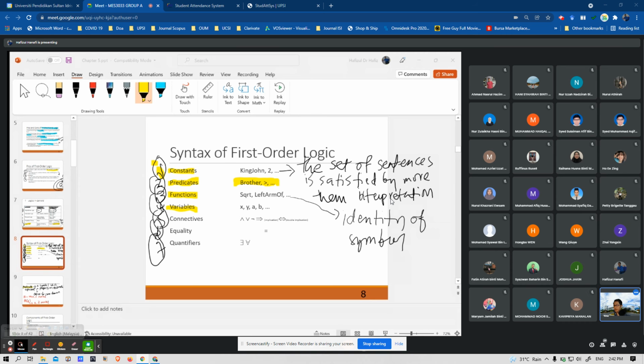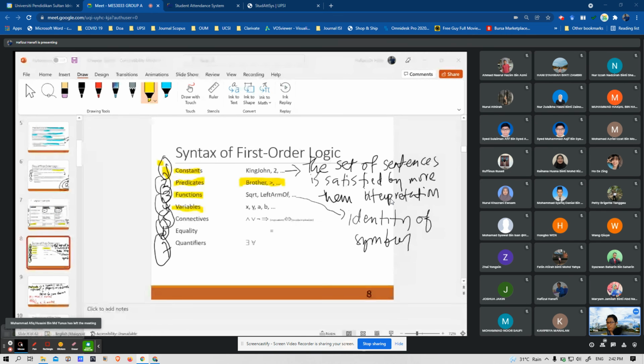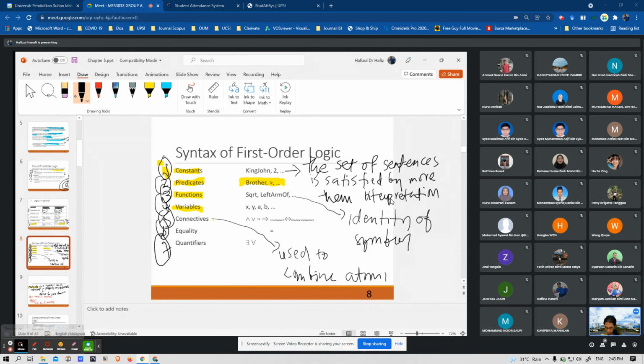Okay, this one is connective, used to combine the atoms into formulas. Atomic sentences, later we will see this one.